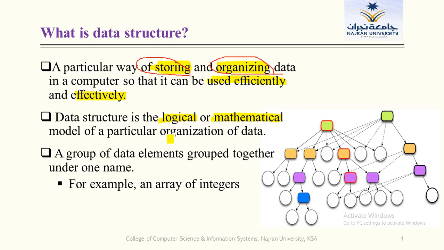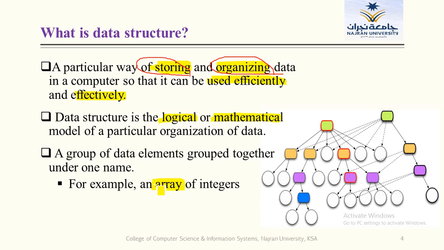Number 3, a group of data elements grouped together under one name. So we have grouped the data under one name. For example, an array of integers that you have already seen. What is an array and how can we declare this array?